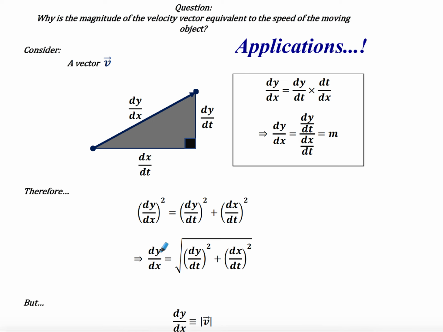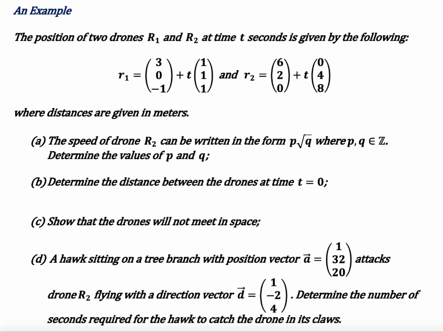Take the root of both sides, so it looks like this dy dx thing would just be the square root of the sum of these squares, which is just some numerical value. Well, what is that numerical value? That slope value would actually be the length of the vector in question, hence that'll be the speed, because the vector v is defining some kind of direction, and as it turns out, the speed of that thing would just be the magnitude or length of it. So that's the background on why we have that fact.